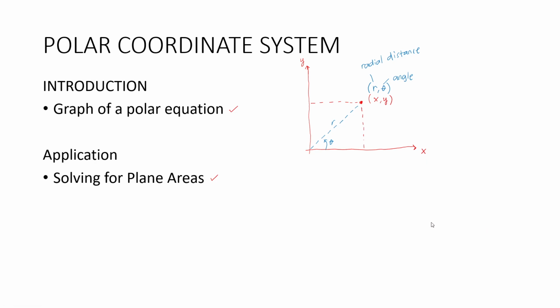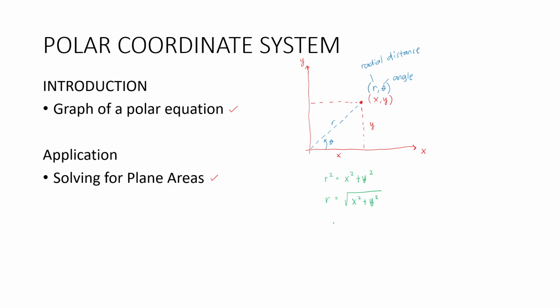Okay, so if you want to relate your x and y with the polar coordinate system, all you have to do is use the Pythagorean theorem and other trigonometric functions to relate such equations or terms. Using the Pythagorean theorem, r squared is equal to x squared plus y squared, and then r is equal to the square root of x squared plus y squared.